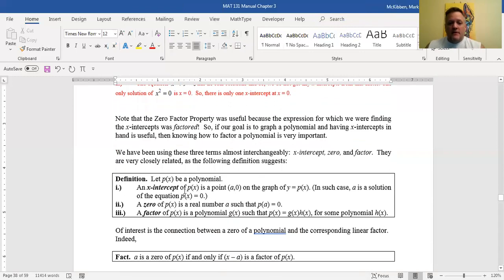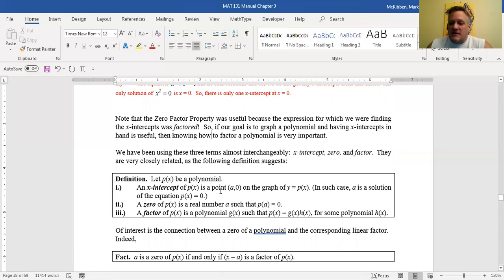This is what I was saying in terms of just interchanging the terminology. An x-intercept of a function is a point (a, 0) on the graph. But that'll happen if you plug in a for the x and you get 0 out, right? So we'll call a zero of p of x a number so that if you plug it in, you get 0 out.